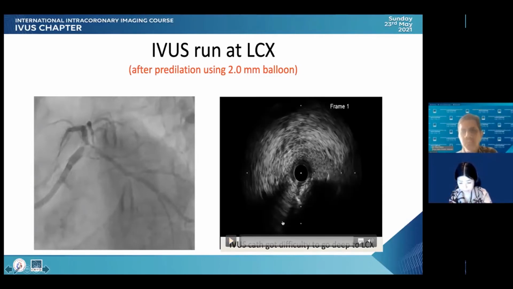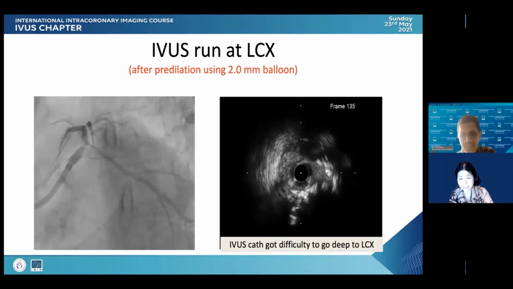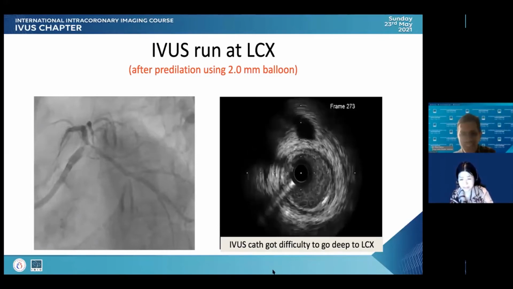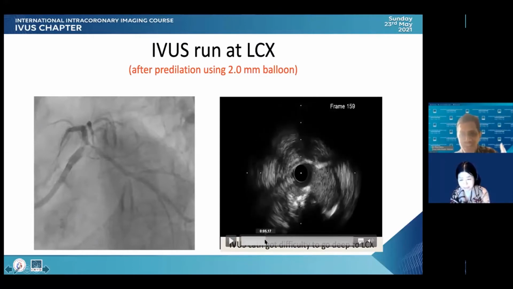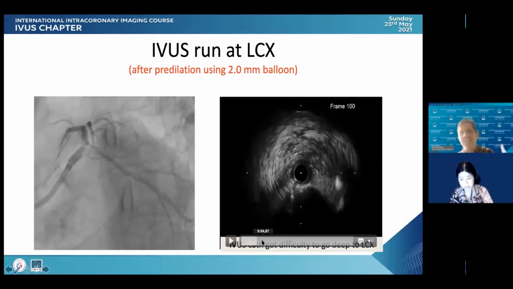So at least we know there is calcium sitting on the ostium of the circumflex. It seems the calcified nodule is really sitting in the bifurcation, protruding to the left main and protruding into the LAD and also the circumflex. So by IVUS definition, this is really a 1,1,1 lesion. So what do you think?